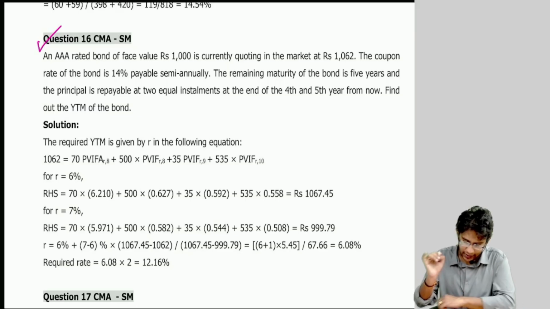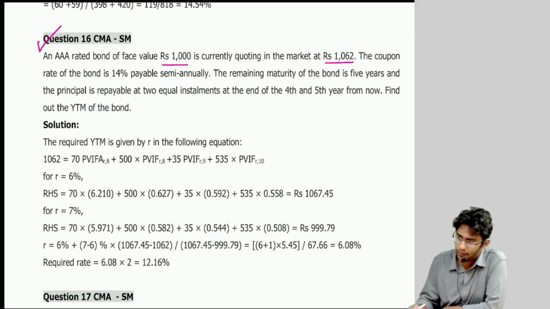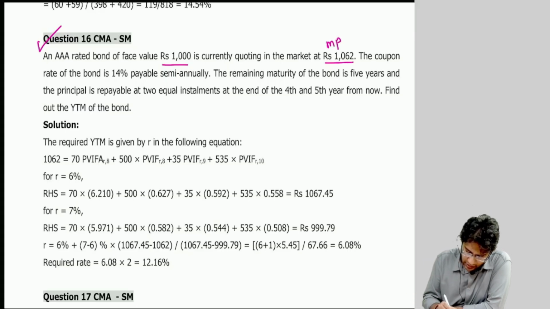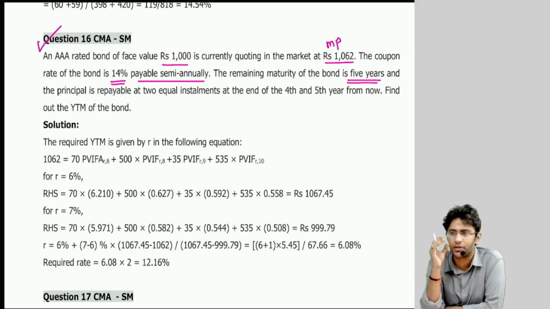A AAA rated bond of face value 1000 is currently quoting in the market at 1062. Market price is given to you. The coupon rate of the bond is 14%, but it is payable semi-annually. Okay, nice. The remaining maturity of the bond is 5 years. Fine. 5 years means how many coupon payments are there?